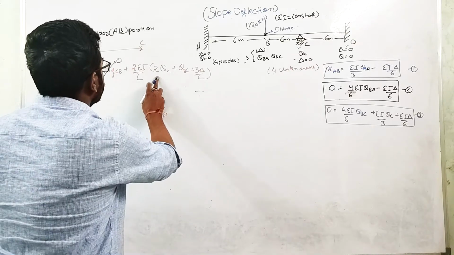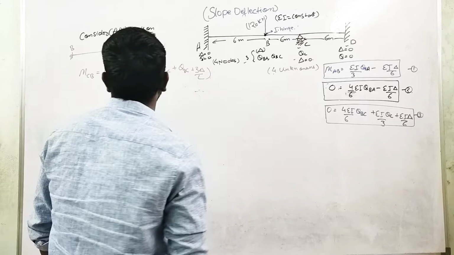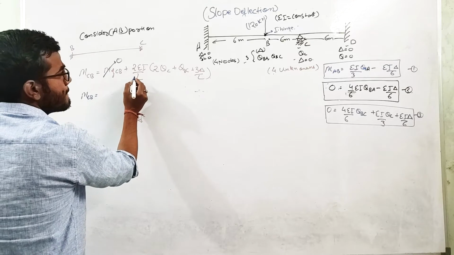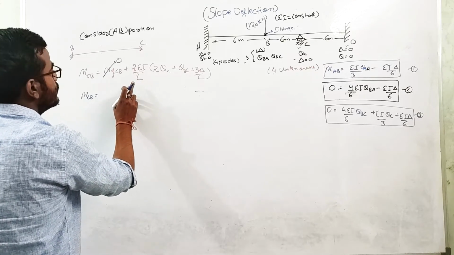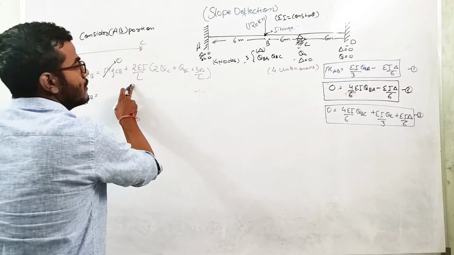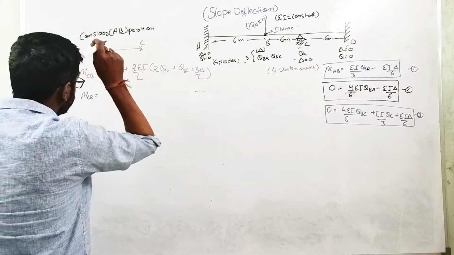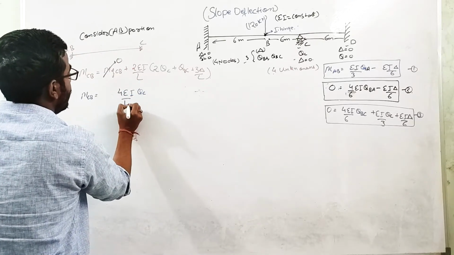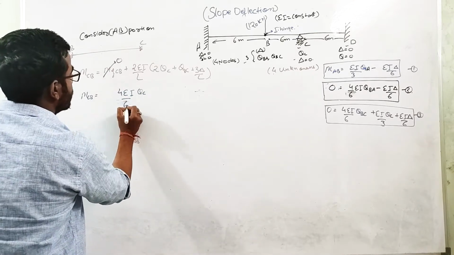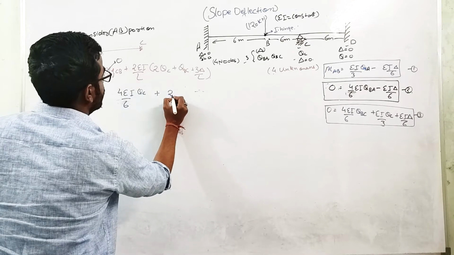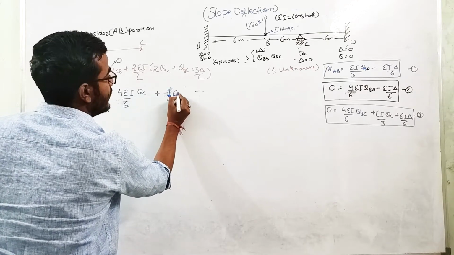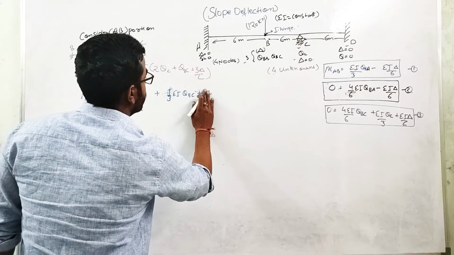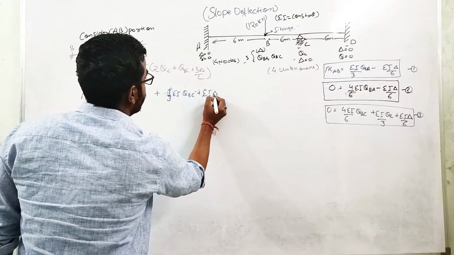Now I can write the equation like this: MCB equals, what you can say, 4 EI theta C over L, or you can say 6, plus 1 by 3 EI theta BC plus EI delta by 6.